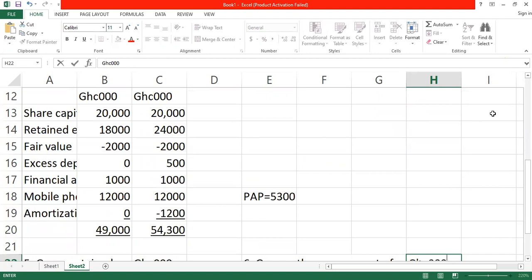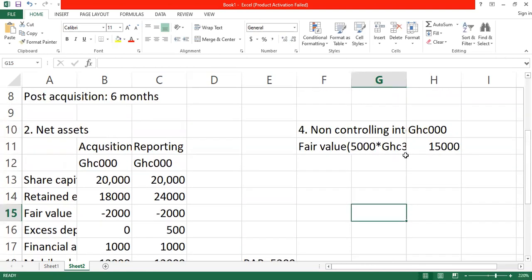But we are now using fair value, which is 15,000. So I'm asking that you just try the proportional share. That would be 12,250. But what value are we recognizing? 15,000. What is the difference?